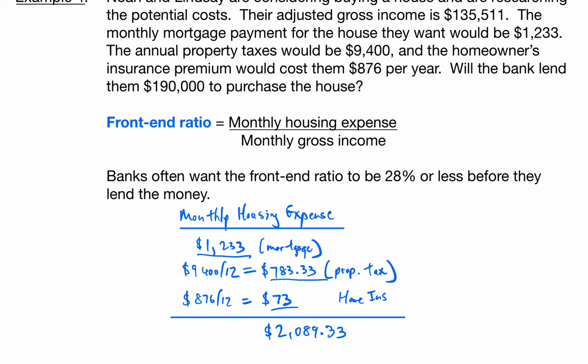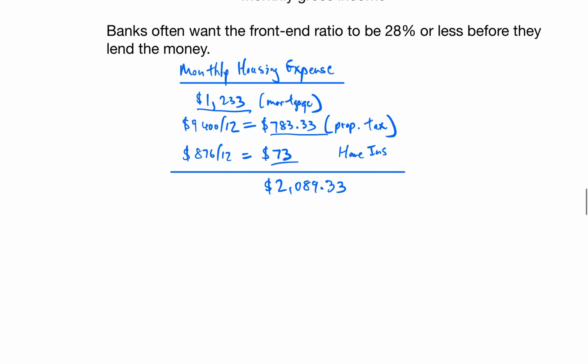Okay, now we're gonna divide this amount by the monthly gross income, and we're told that their adjusted gross income is $135,511. Okay, so we're gonna divide that by $135,511, and punching that into the calculator, we would get a ratio of 0.015, okay, or 1.5%, which is clearly under the 28% ratio.